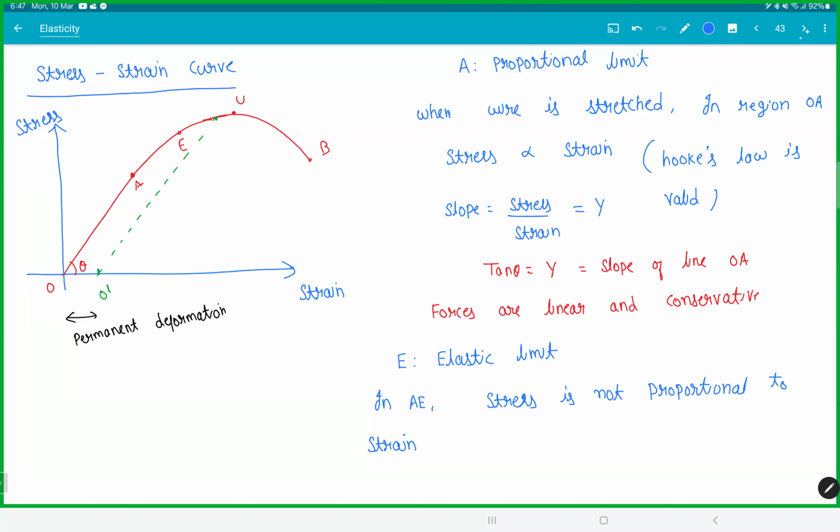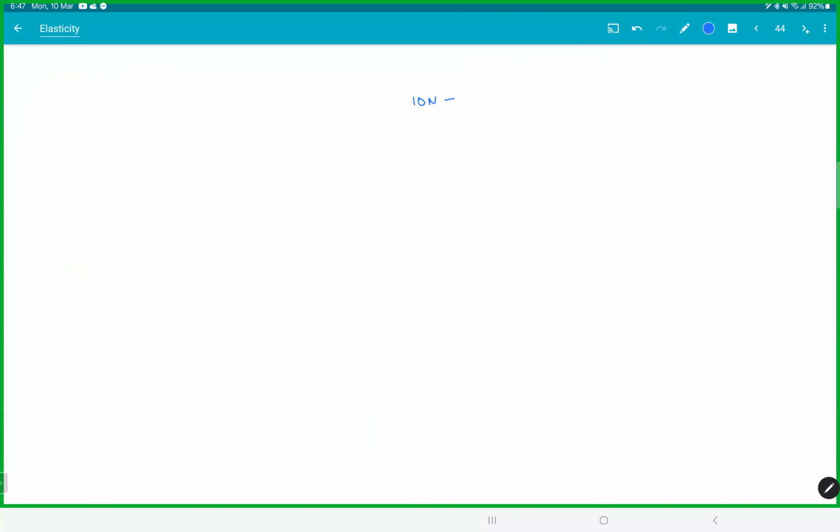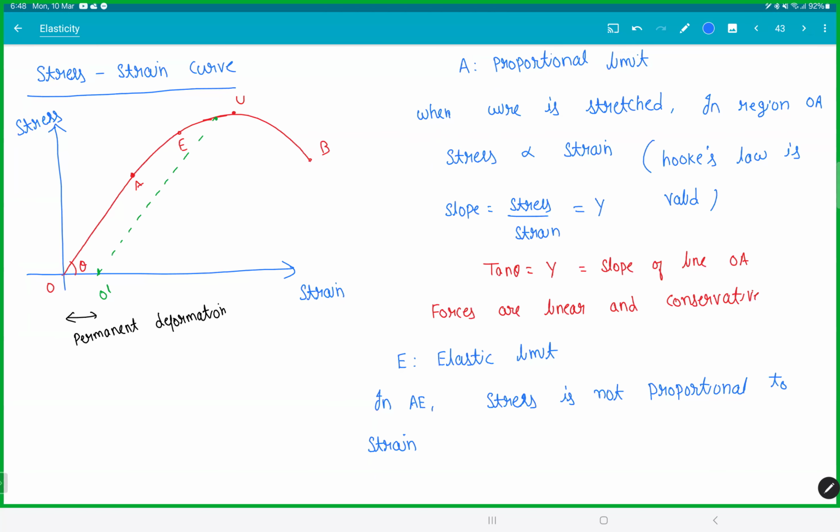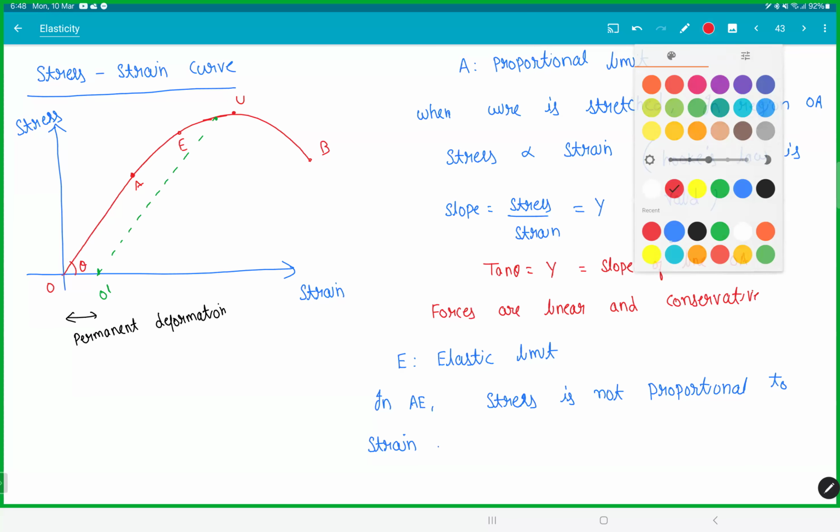Think of it like this. Let's say initially if I apply 10 newtons, I get 1 centimeter elongation. 20 newtons, I get 2 centimeter elongation. 30 newtons, 3 centimeter elongation. So 40 newtons, I expect how much? 4, right? But I get 3.8. 50 newtons, I expect 5, but I get 4.6. You're getting the problem? It's not linear anymore. The function has changed. So stress is not proportional to strain, but forces are conservative.